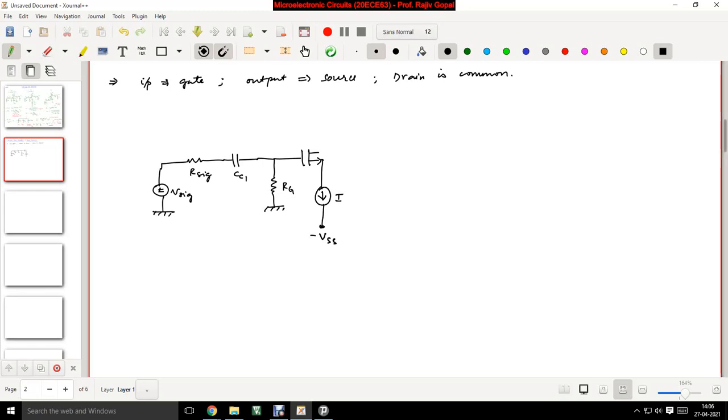From here I have CC2, then I have V0, which is connected to RL.